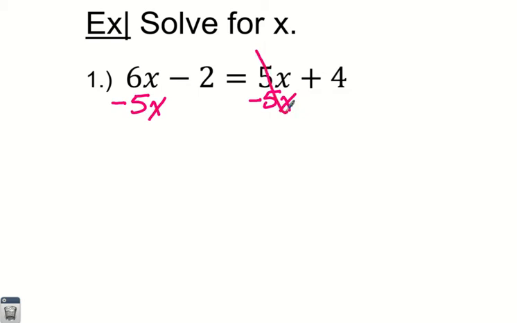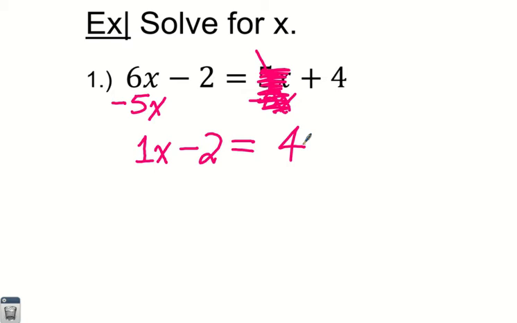So the x's are now going to gather over here on the left, because we're getting rid of that, you know what I mean? And so 6x minus 5x is 1x, or just x. Minus 2 is over there, and now the right side, there's only a positive 4.